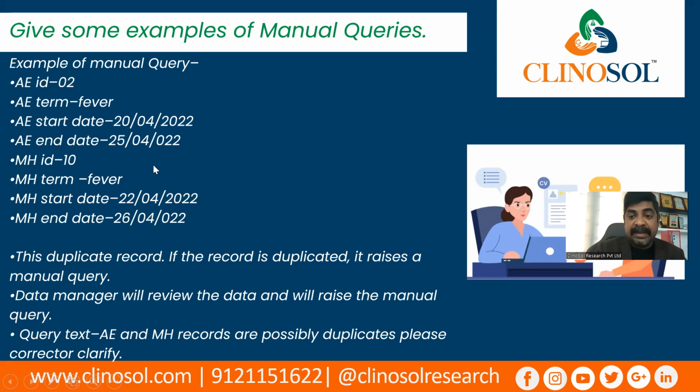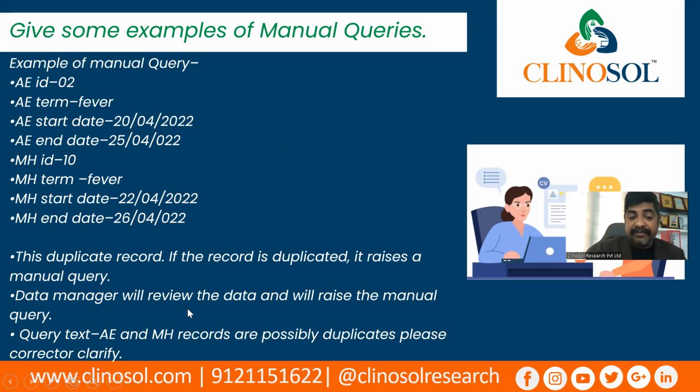Then a manual query has to be raised because the data is duplicate. So this is a duplicate record. If the record is duplicate, it raises a manual query.